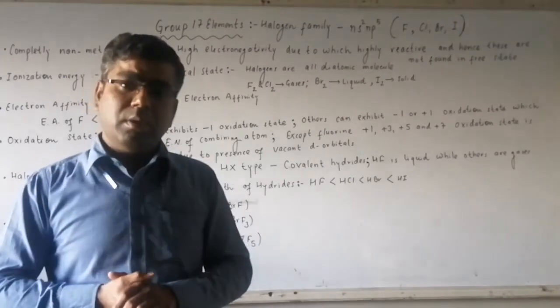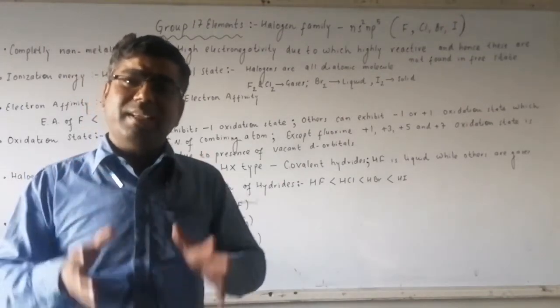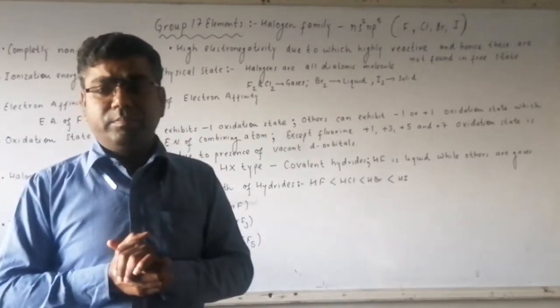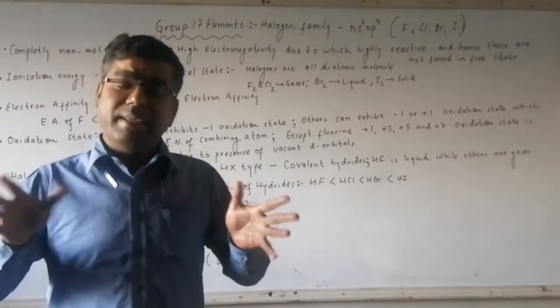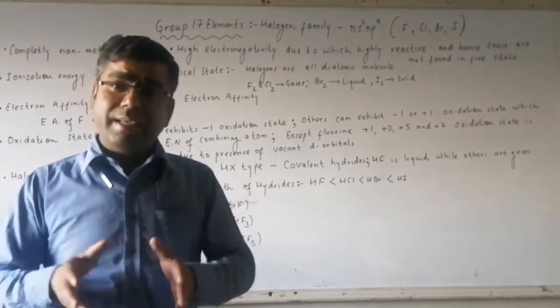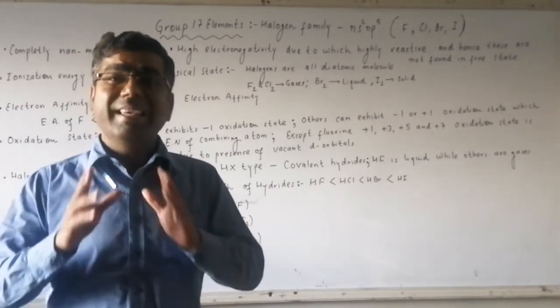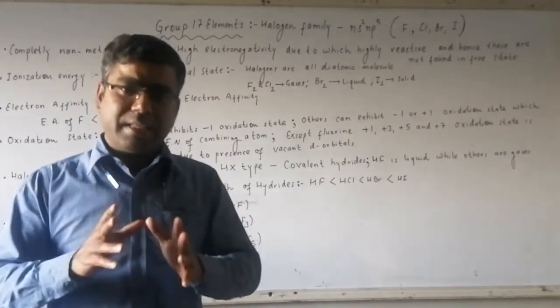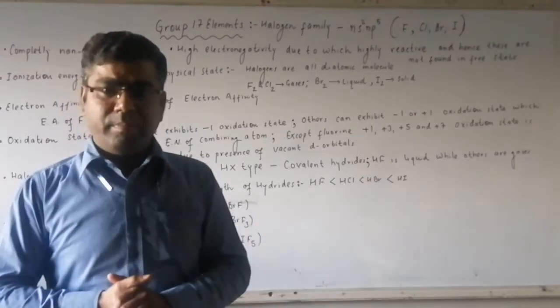In the HF compound, molecules are associated via H bonding. H bonding is absent in HCl, HBr, HI. So HCl, HBr, HI are gaseous in nature, while HF is liquid in nature.